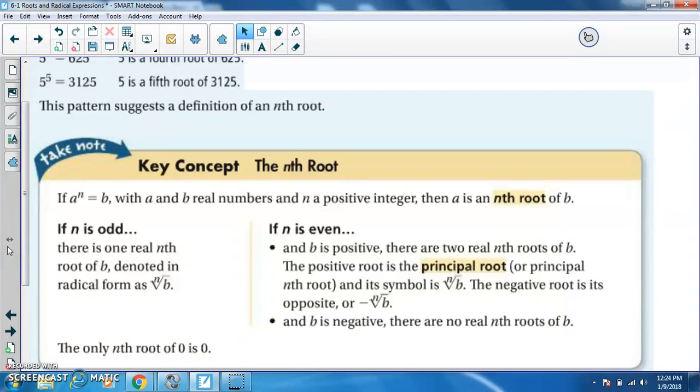The negative root is the opposite. So that's why when we're taking the square root of something, we do plus and minus, because we need the principal root and the negative root. If b is negative, there are no real nth roots of b. And we know this because when we were taking the square root of negative numbers, that's when we were introduced to imaginary numbers.